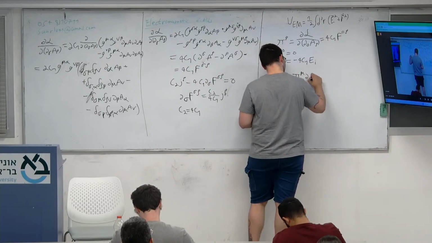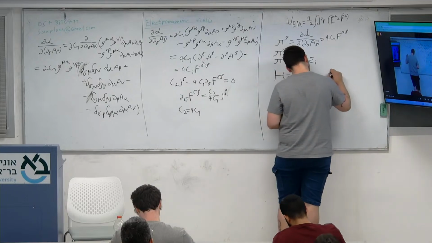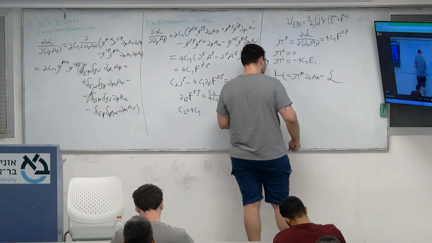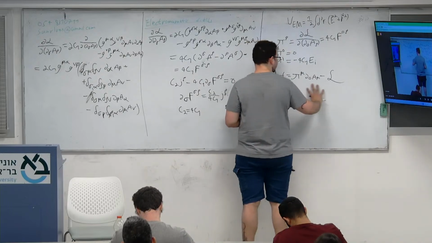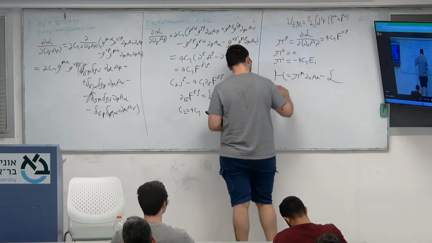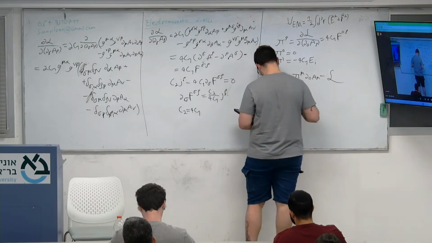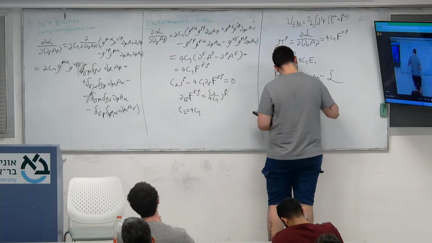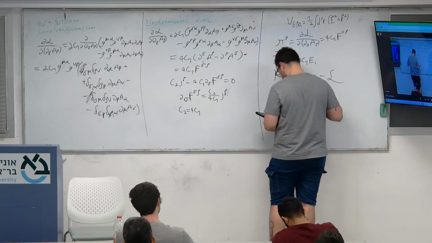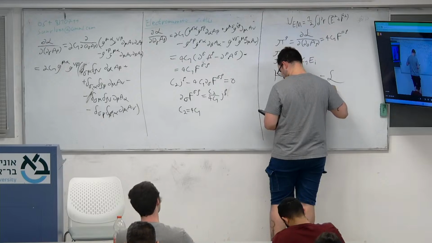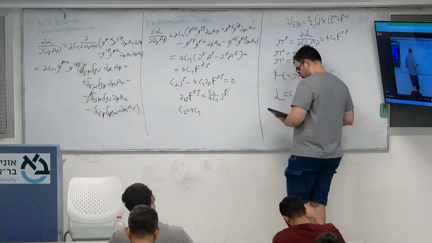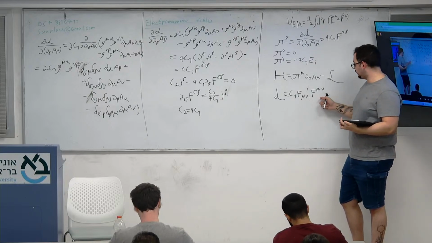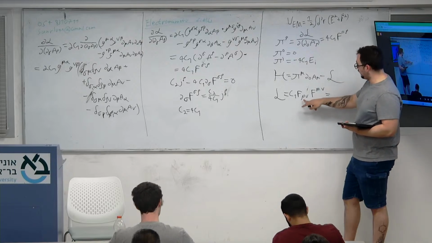Pi mu 0 minus. Before I finish this equation, I would like to find a simpler representation of L. C1 with, minus, so we need to sum over every different number here, and over every mu and nu.